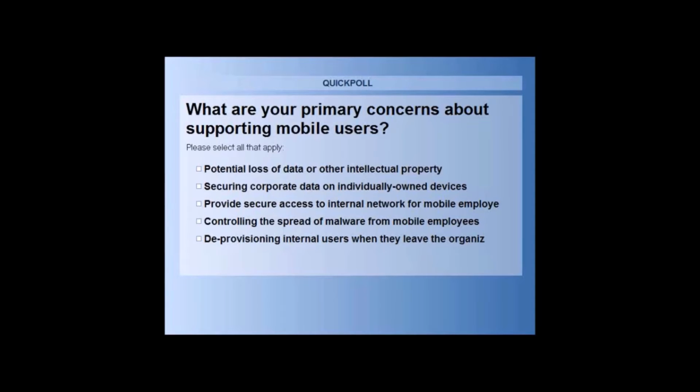So the choices are a potential loss of data or other intellectual property on those devices, securing the corporate data on individually owned or employee-owned devices, providing a secure access to an internal Wi-Fi network for mobile employees, controlling the spread of malware for mobile employees, and then deprovisioning internal users when they leave the organization.